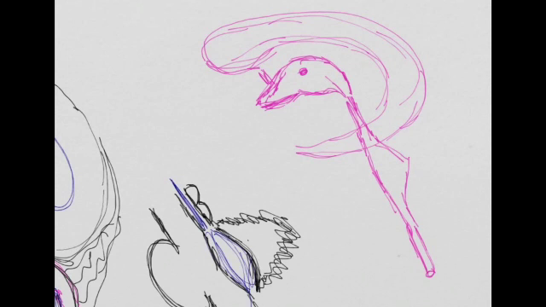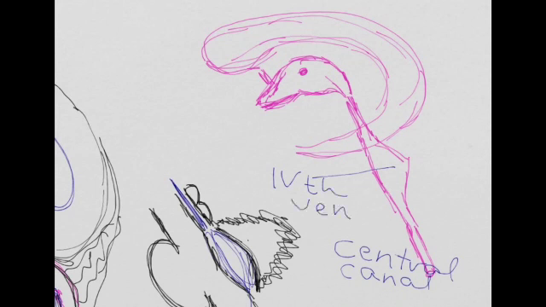So from the very simple tubular structure, what we found in the spinal cord, the central canal, as it reaches the brainstem, it will form the fourth ventricle. Again, between the pons, the open medulla, and the cerebellum behind. Here is the cerebellum.